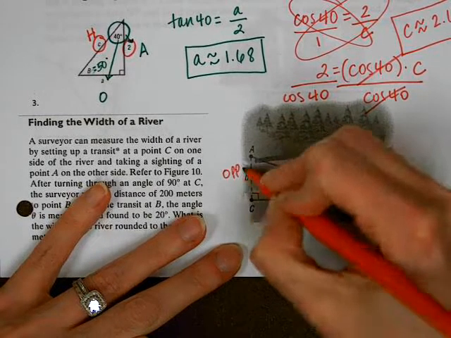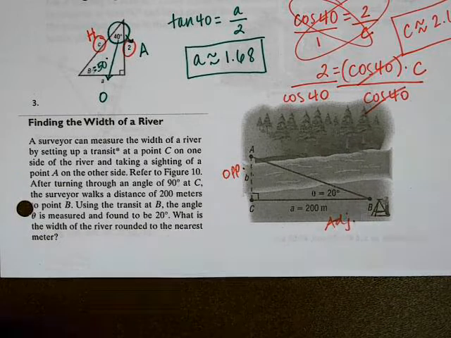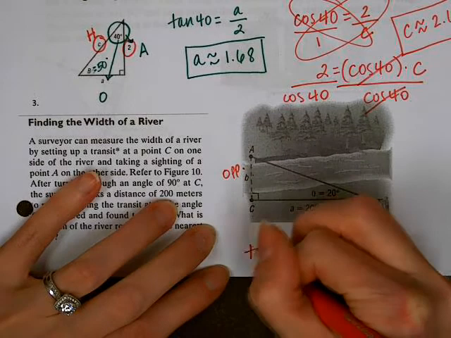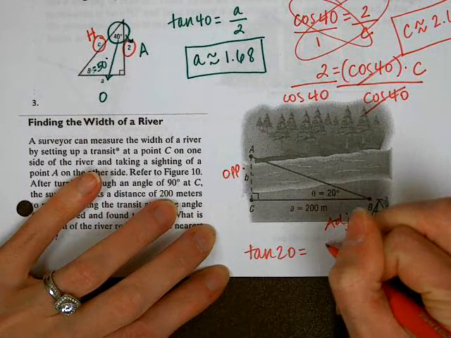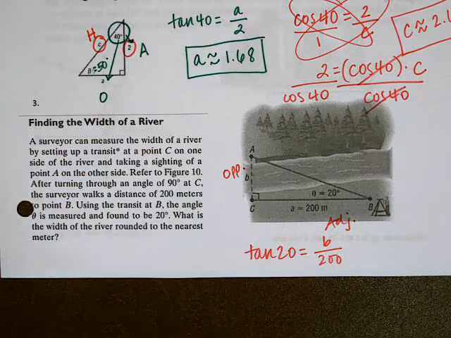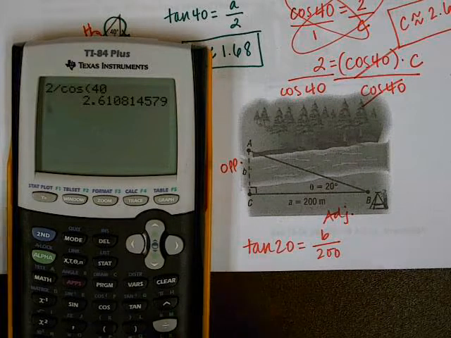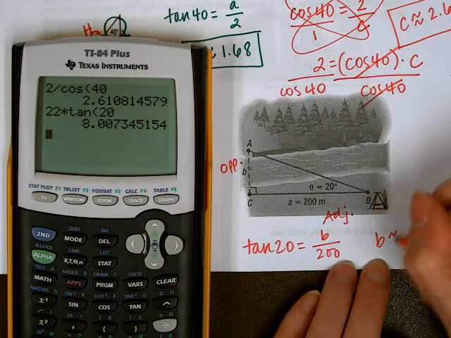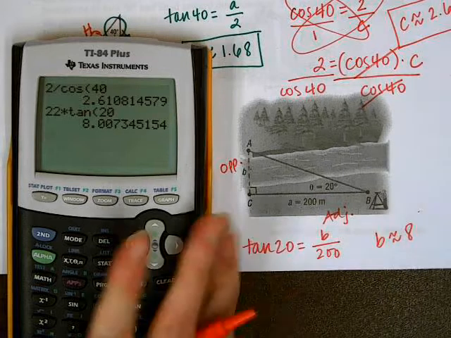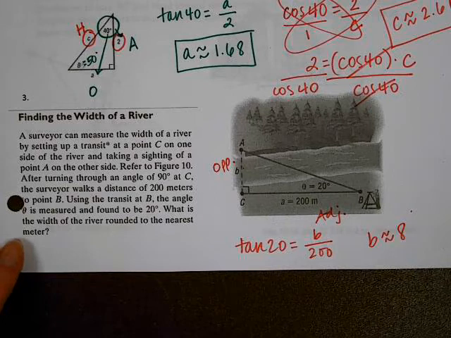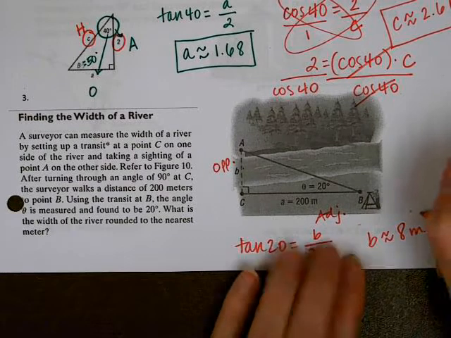When we have opposite and adjacent, what trig function is that going to be? That's TOA, tan. So it's tan of our angle 20 equals b over 200. Then just cross multiply. So 200 times tan 20, so b is about 8. And since it's a word problem, we want the units. Meters. So about 8 meters.